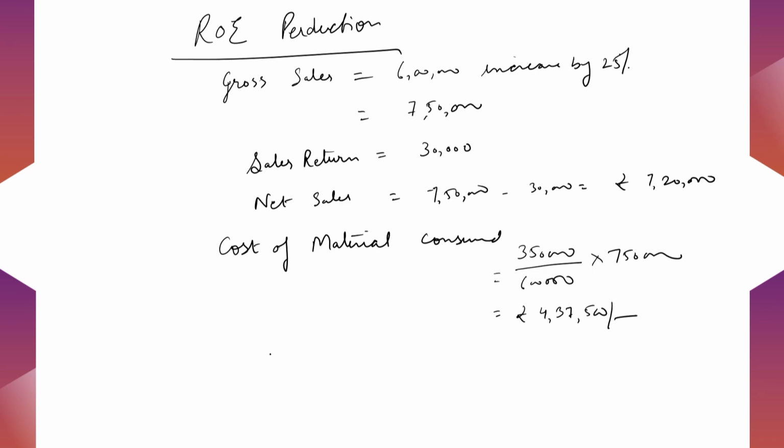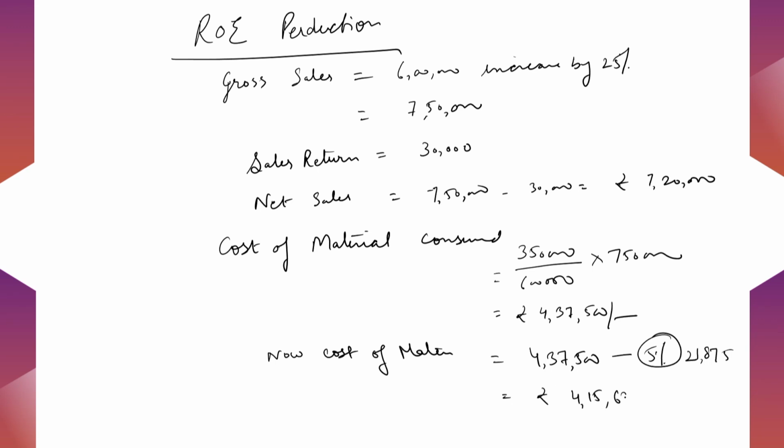So now the cost of material will become 4,37,500. Out of that we deduct the 5%, which happens to be 21,875, leading to the new cost of the material consumed, 4,15,625.